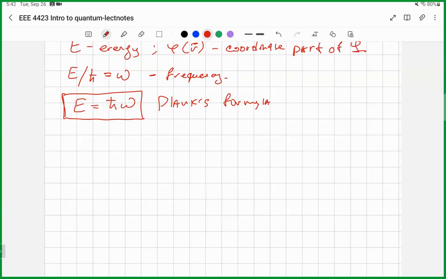Okay, so this is the energy of one quantum. All right.